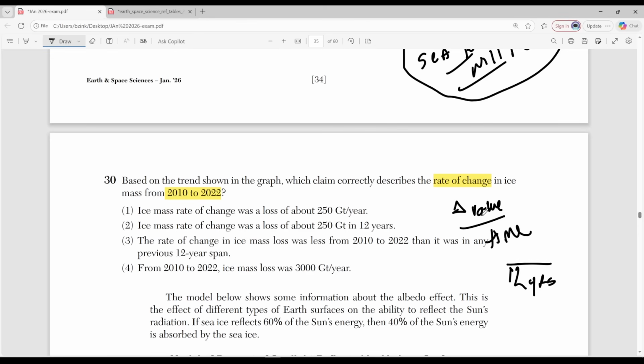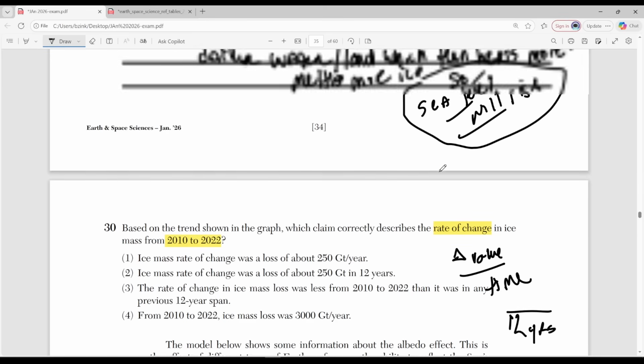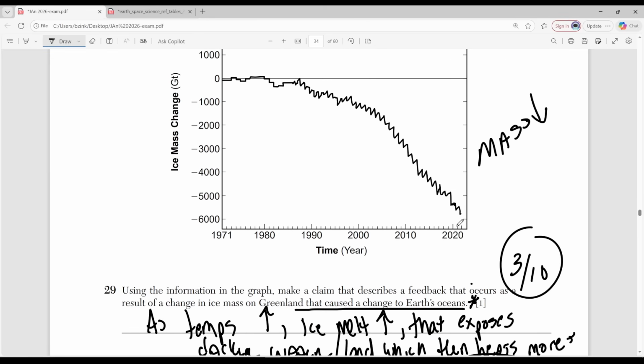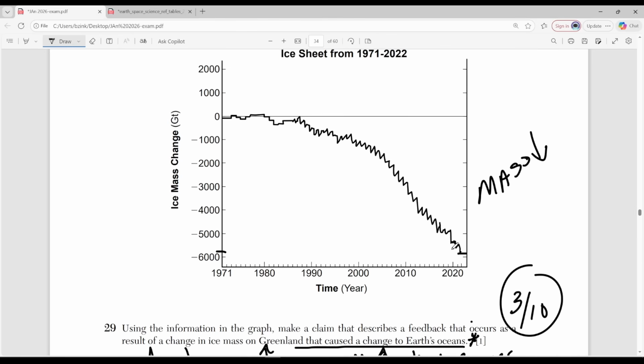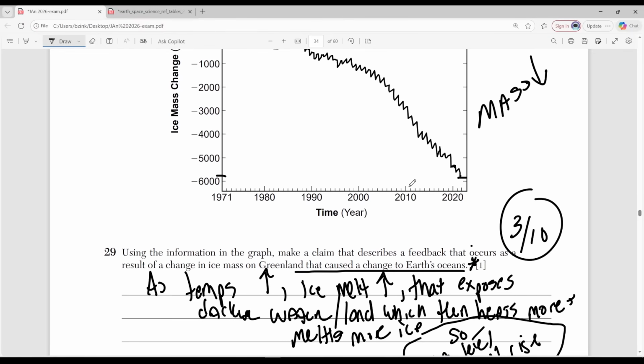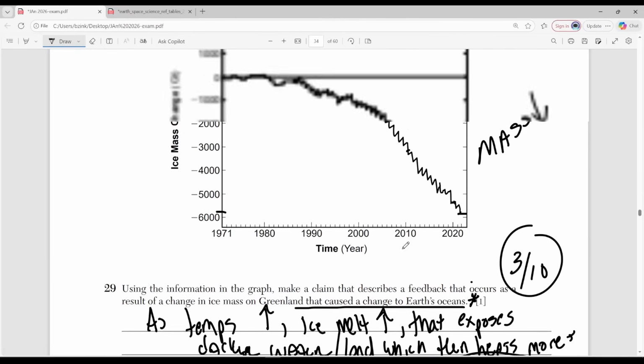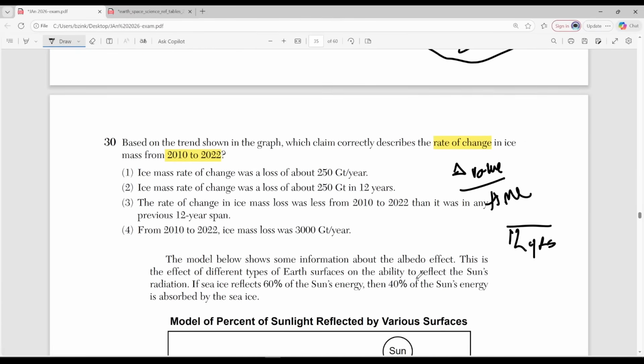And we need the change in value from 2022 to 2010. In 2022, it's like negative 5,800, to 2010, which is about negative 3,000. So that's a 2,800 change.